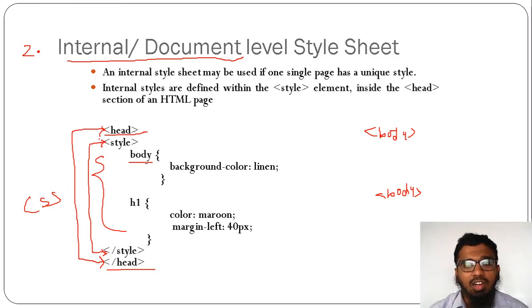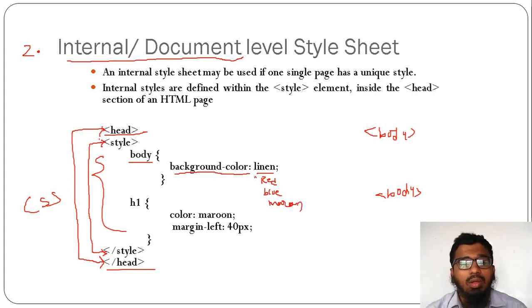Whatever you are writing in the style, the syntax is: you need to take the selector, body, bracket open, background color is lime. You can write red, you can write blue, okay, you can write maroon. So the body color will change from white to lime or red or blue or maroon, any color.